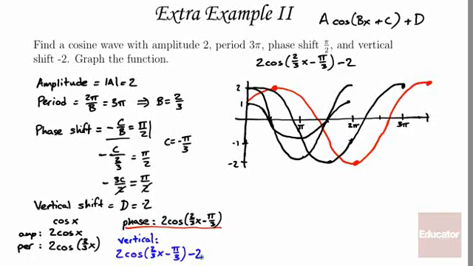Now remember, before our peaks and valleys were at 2 and negative 2. We move that down by 2 units and the peaks and valleys are now going to be at 0 and negative 4. So I'm going to extend my axes down to negative 4. Negative 3, negative 4. And now I'm going to take my reference points from before and move them down by 2 units.